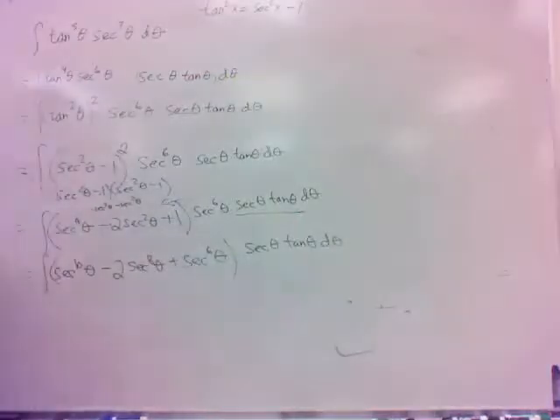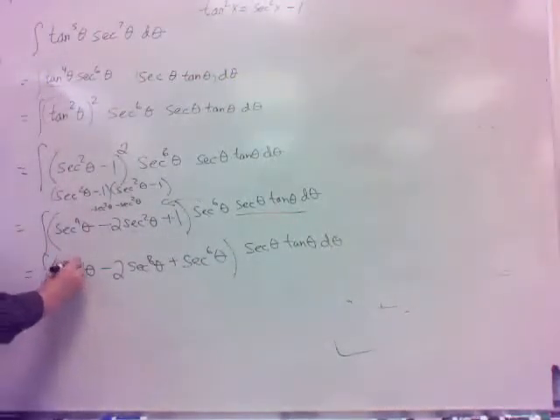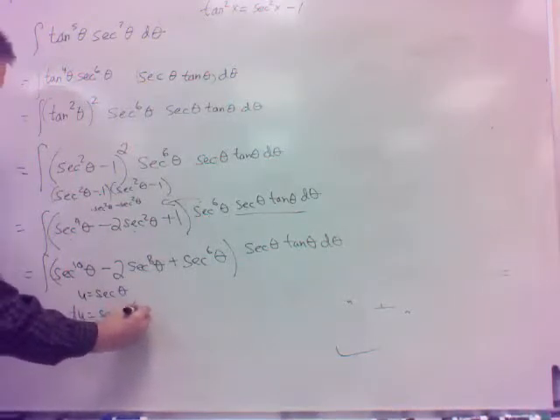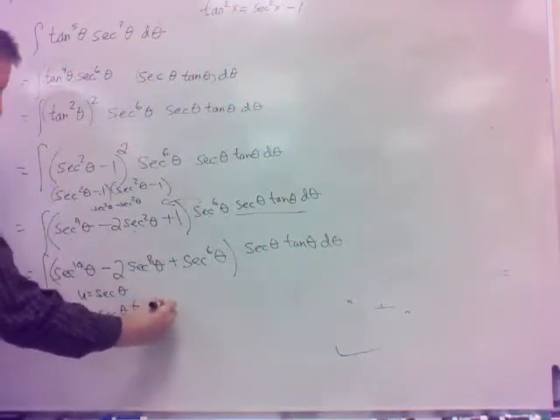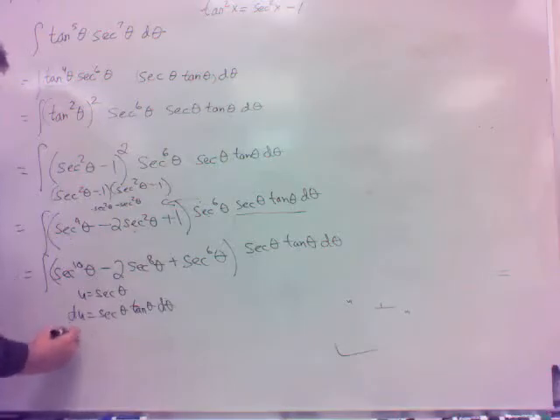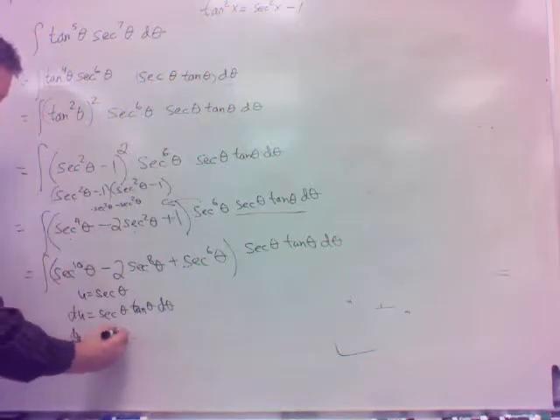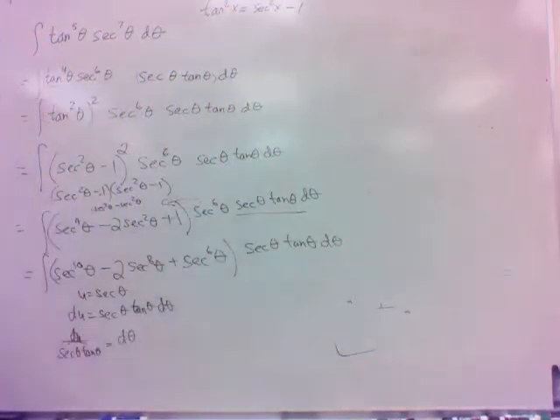Excuse me. And I'm going to let u be the secant. And then du is secant tangent d theta. So that's going to work out pretty well, because d theta will be du over secant tangent, canceling out nicely there.